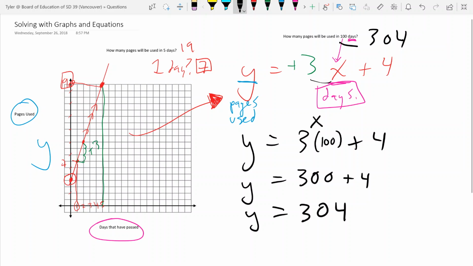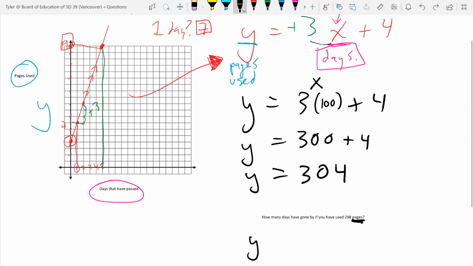There are going to be some harder questions that work like this, where it says something like this. So instead of giving you the x number, in this case it gave me pages, which I know is y. So it works the same way where you replace the y number.